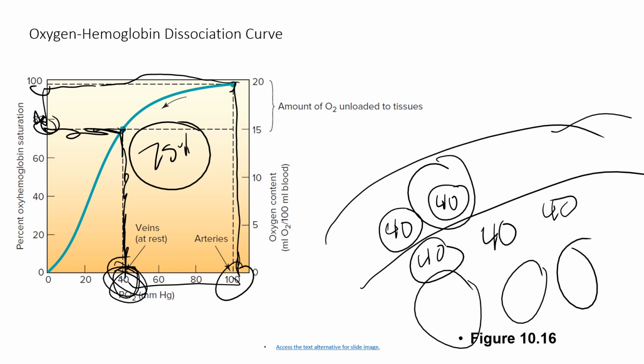Because if you can drive the partial pressure of oxygen within the intracellular fluid of the red blood cell down to 40, which we've done now, then that will cause a conformational shift within the hemoglobin molecules, proteins, within the red blood cell. And that shift allows them to release 25% of their oxygen.